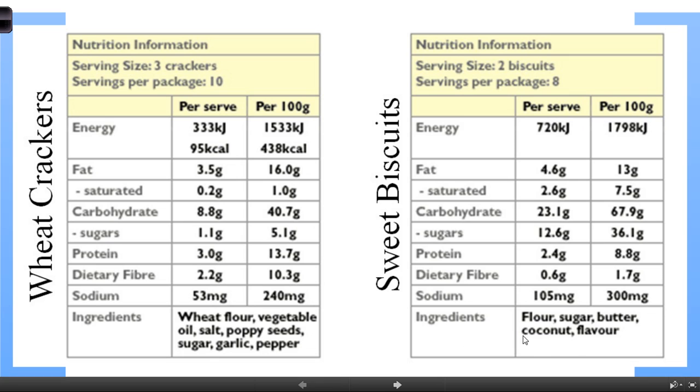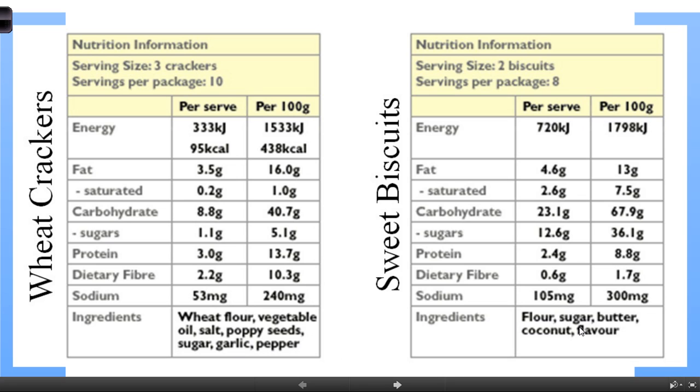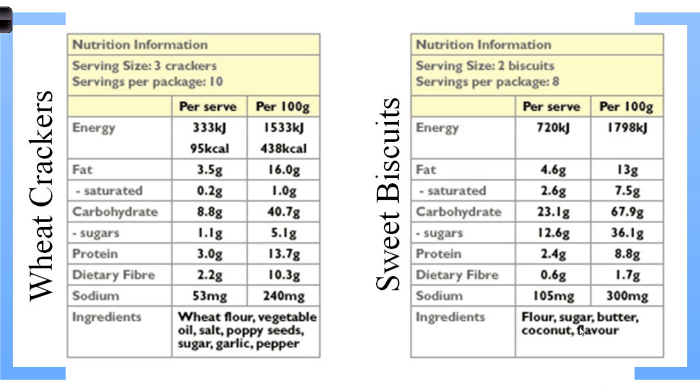But in this case, water is not listed as an ingredient, but I can see straight over here, coconut's going to have a little bit of water in it, or over here, the pepper or the garlic. Garlic will have a little bit of water in it. Often some of the ingredients themselves already have a little bit of water in them, since a lot of ingredients, a lot of food things do have some water in them.